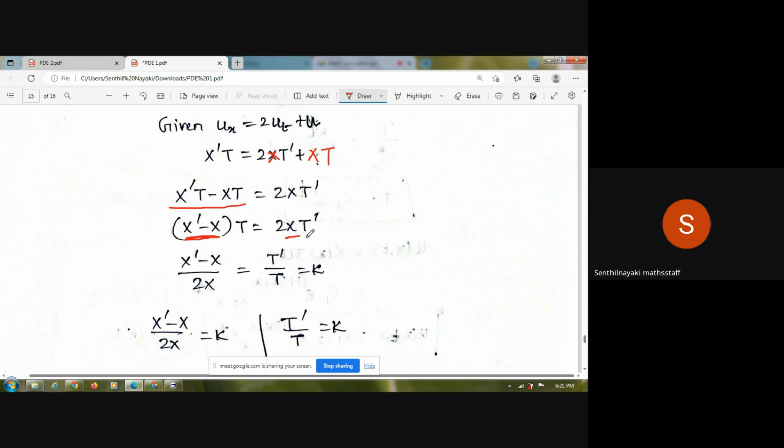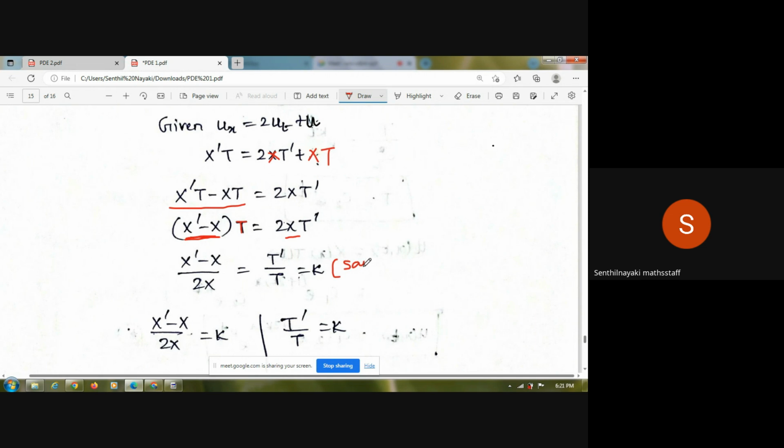Similarly, here t dash is there, and on the left hand side one t term is there, so we take this t to the right hand side. So t dash by t, and assume this ratio equal to k.